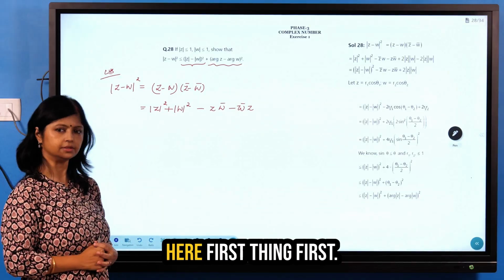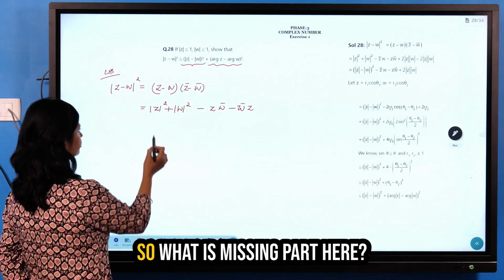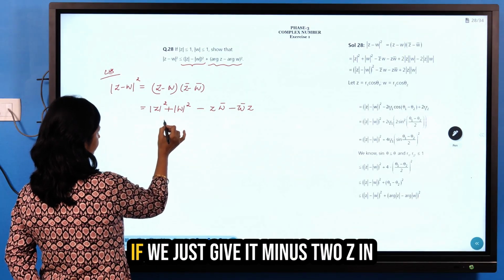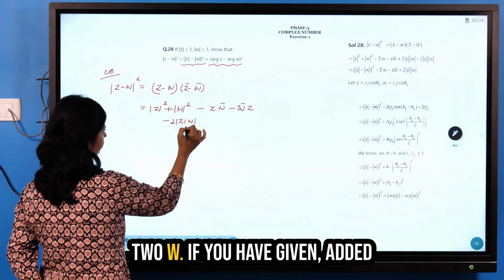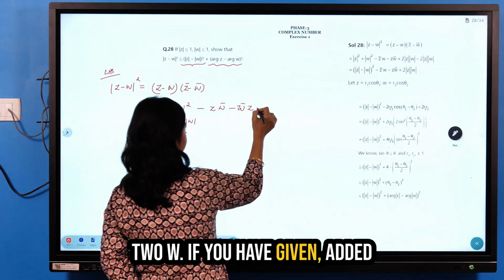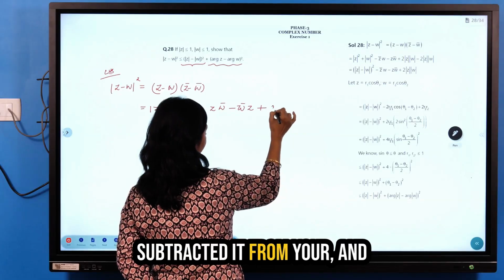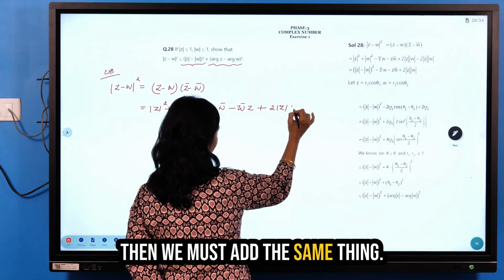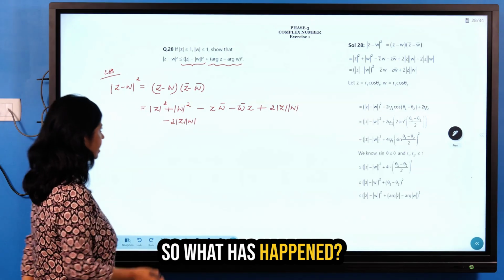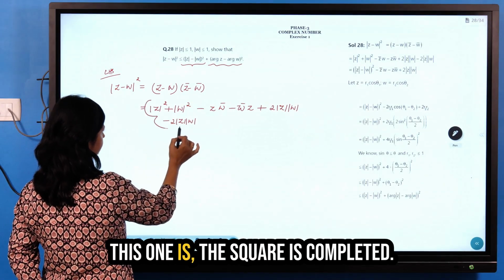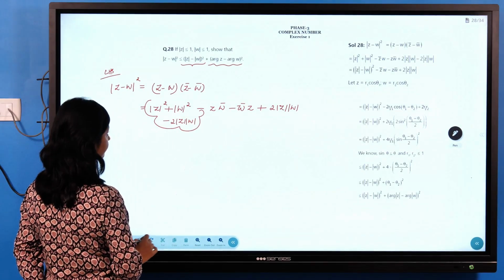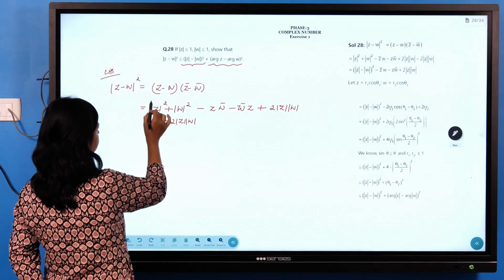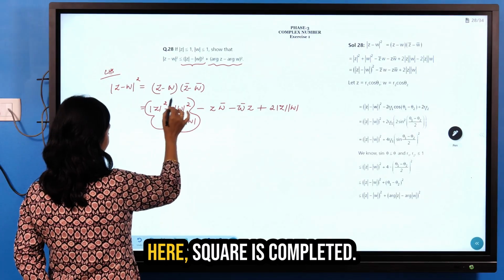I think we can get it here first thing first. So what is missing part here? If we just give it minus 2z into w, if you have added, subtracted it from here, then we must add the same thing. So what has happened? The square is completed here.